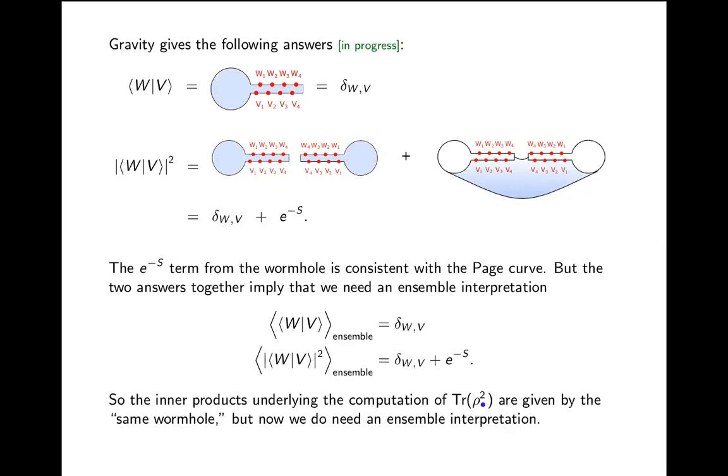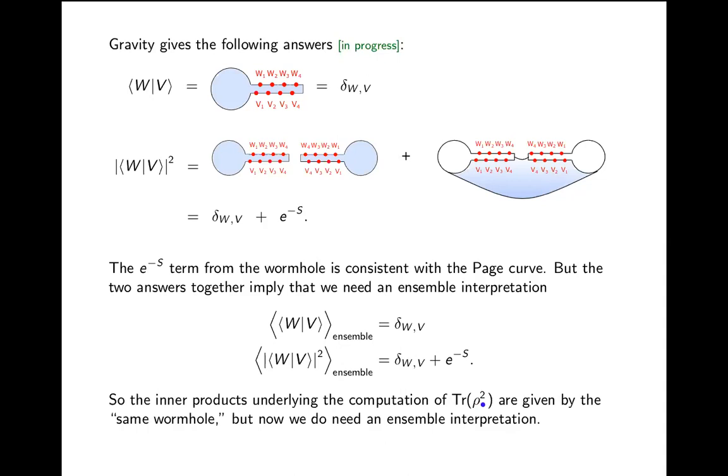Okay, so in that computation, is a wormhole important for getting the maximal chaos? No, it's not. There are no wormholes.